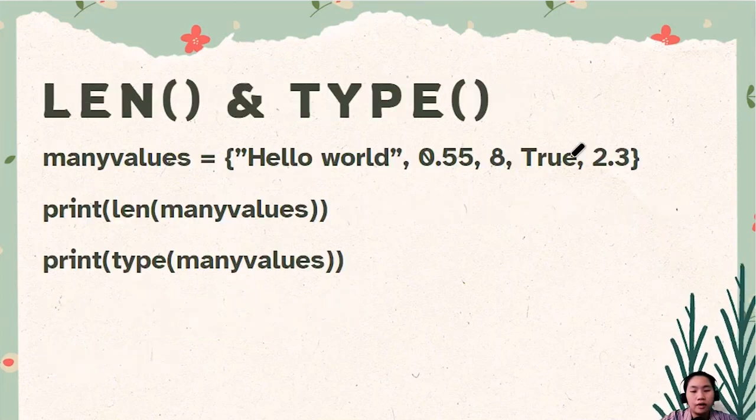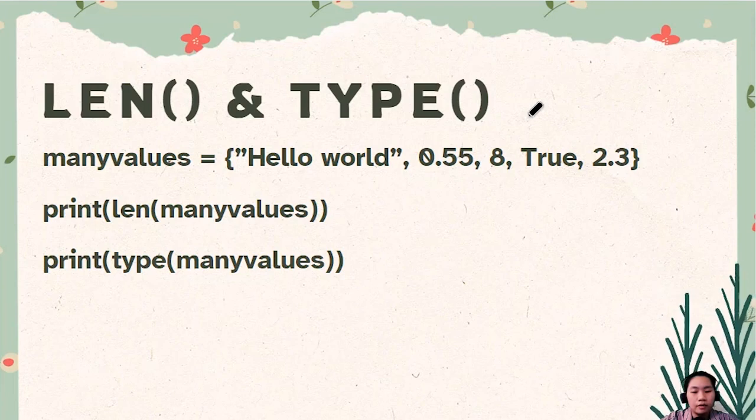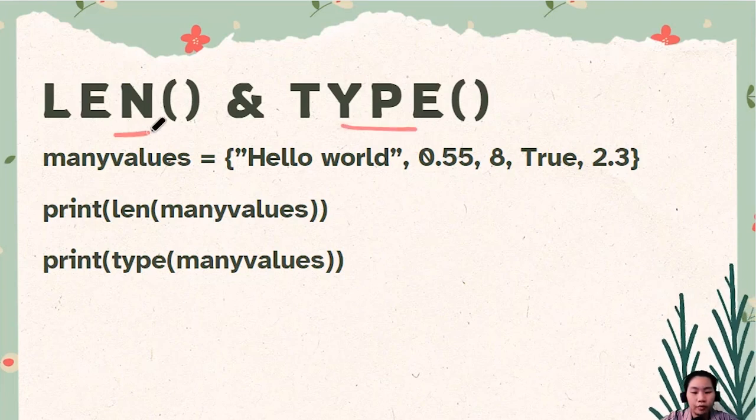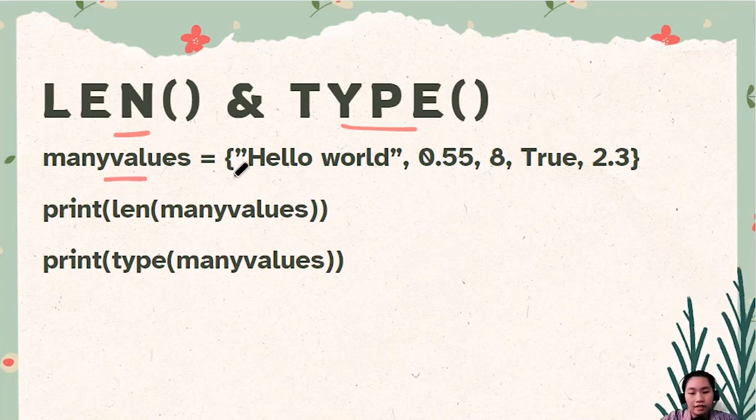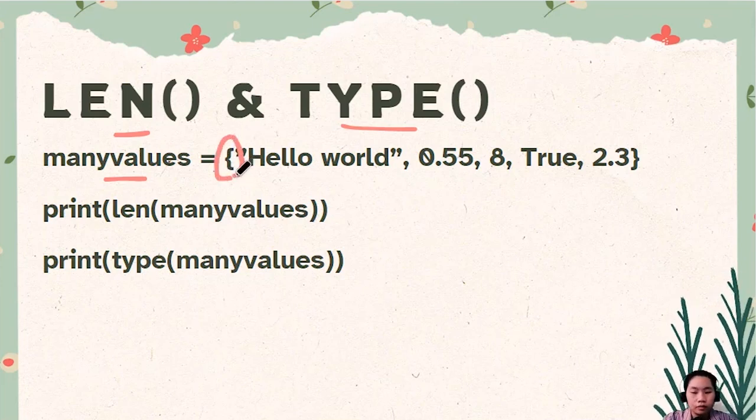Now let's look at how our common methods work with a set: length and type. I'm sure that you know these two quite well already. Now I have many values, basically a set. If you haven't noticed, the thing that differentiates the syntax of these data types is the different types of brackets.